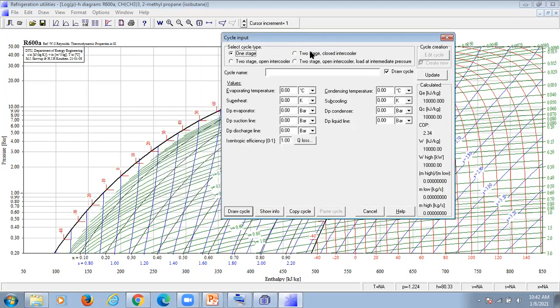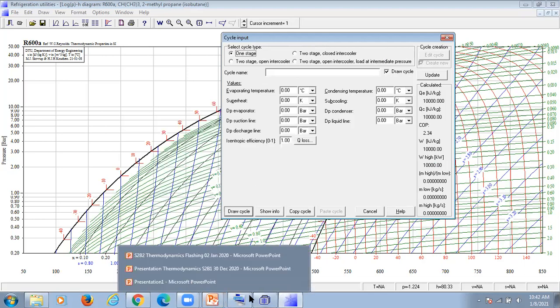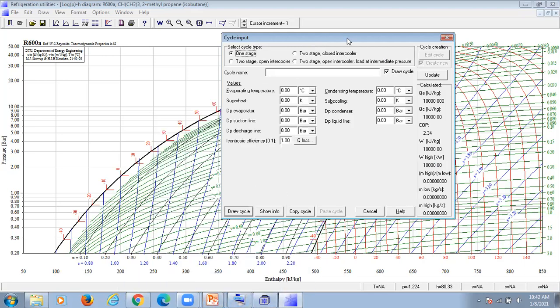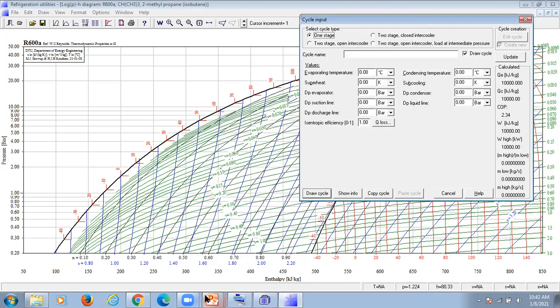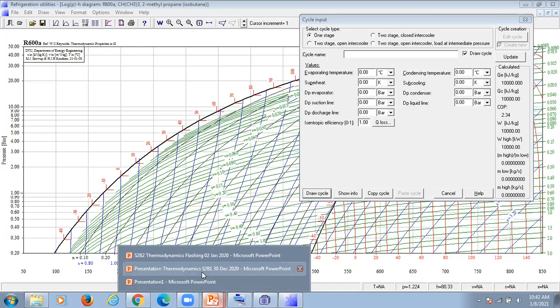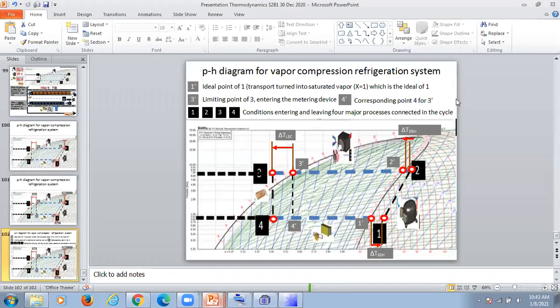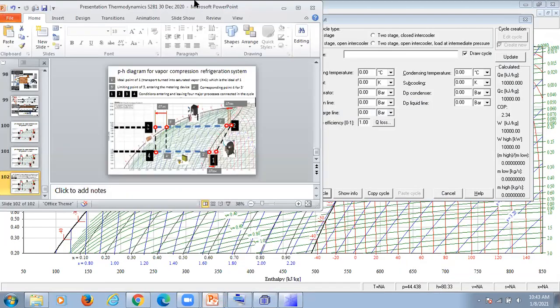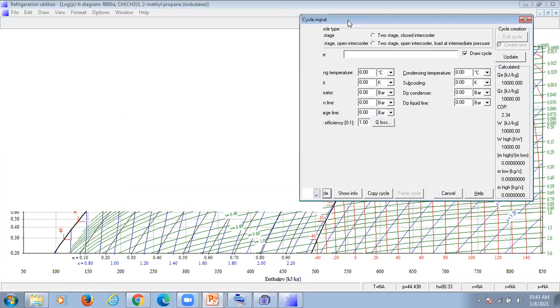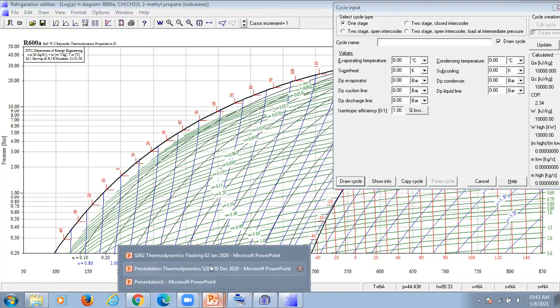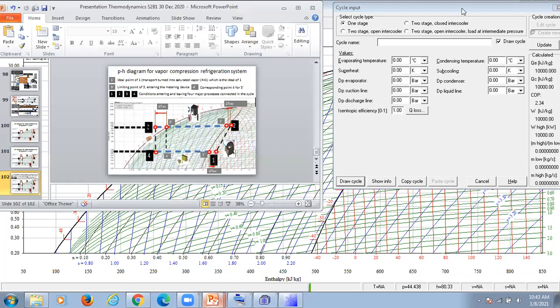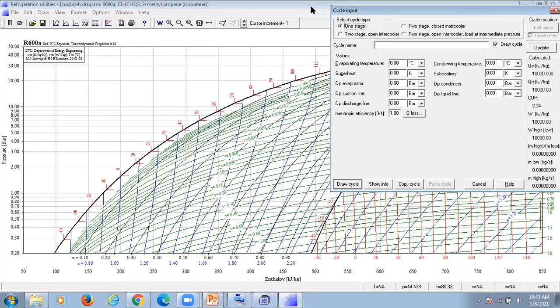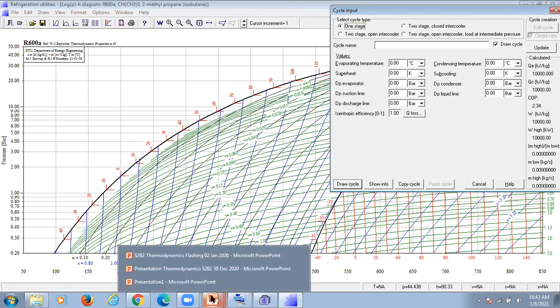So let me take this, and also let me take this as well. How to get this?